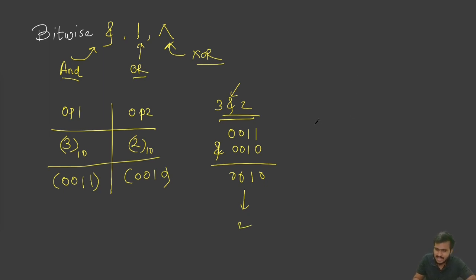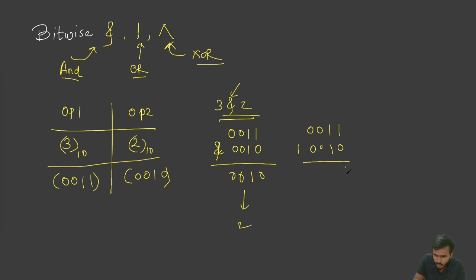Now let's see the same example for the bitwise OR operator. Let me write it again: 0 0 1 1 OR 0 0 1 0. Let's see what the output is going to be. 1 or 0, what is the output?